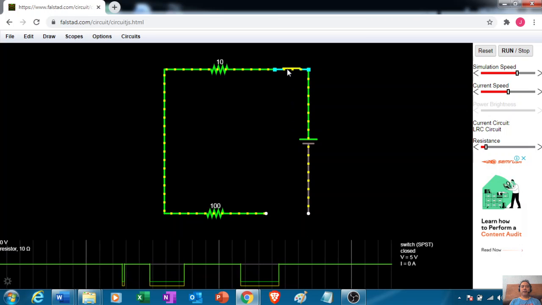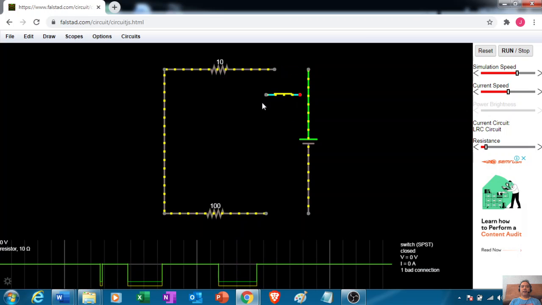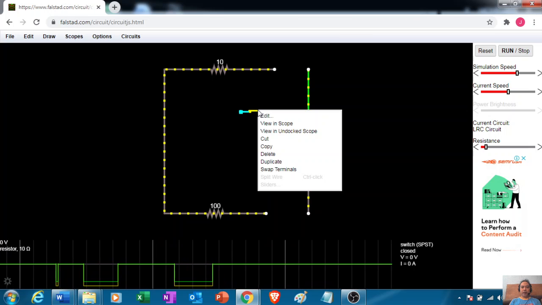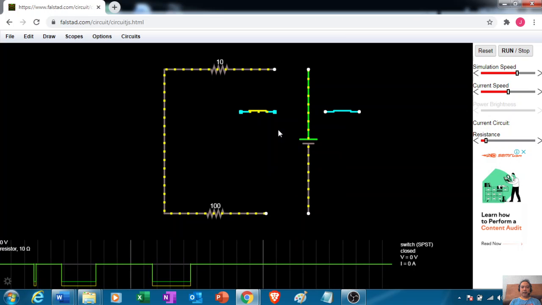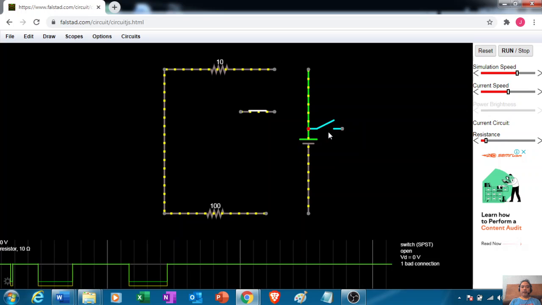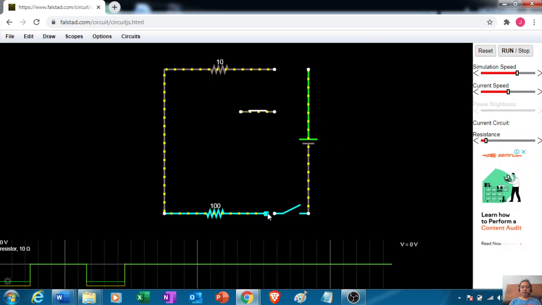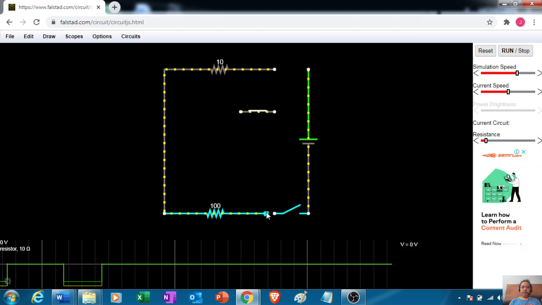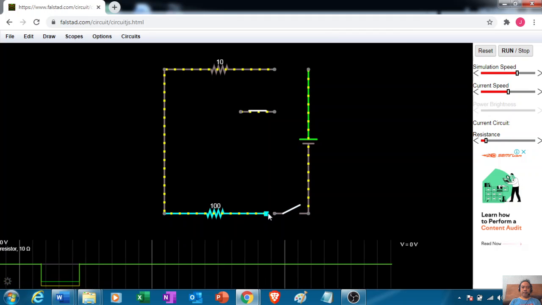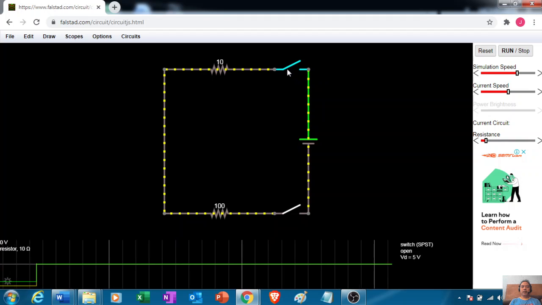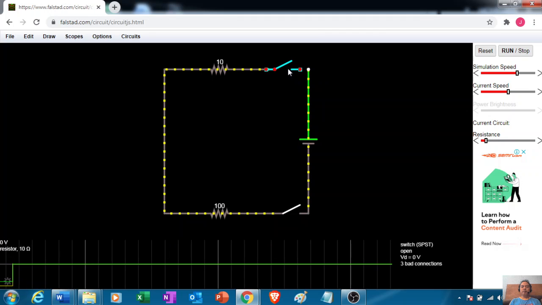In this case, we're using a single pole switch. So if we're going to duplicate this one, and place it here below, and placing the original one above.